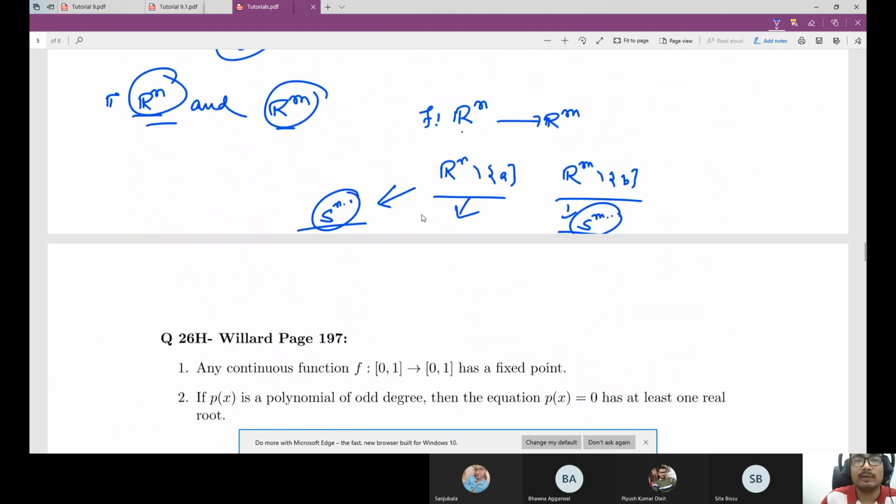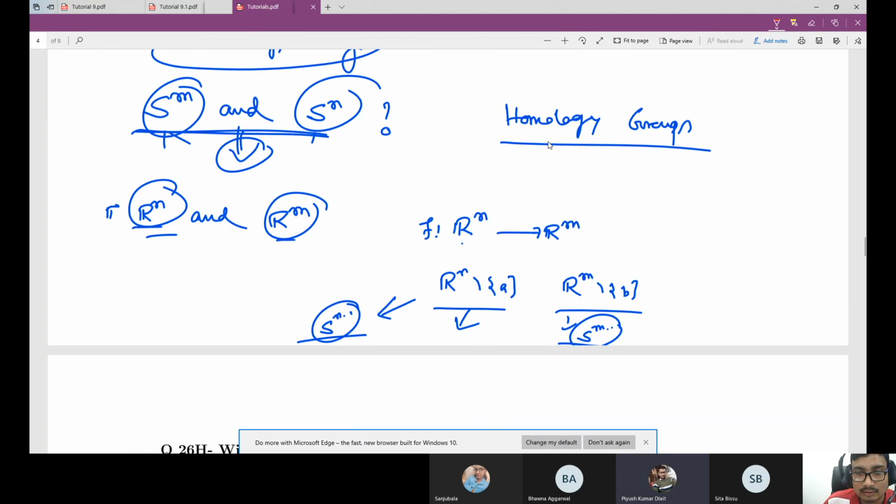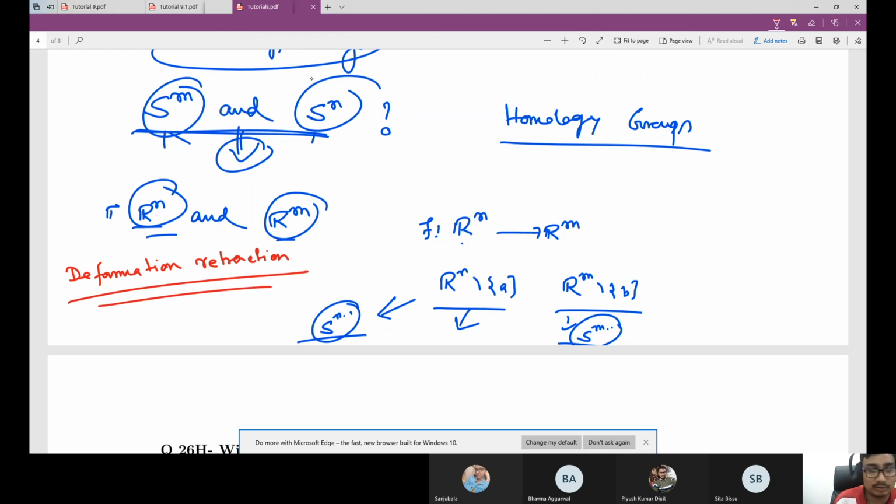Anyway, forget about this, whatever I told you. Sir, how is Rn minus A isomorphic to Sn minus 1? Not isomorphic. See, there is something called deformation retraction. Not isomorphic, not homeomorphic.